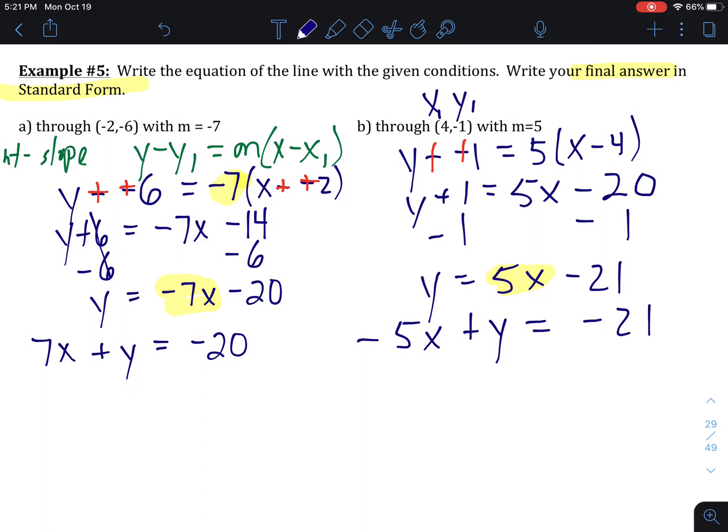Now, this is almost in standard form, but we do have a no-no here, and that would be a being a negative. Remember, that's not allowed. That's in the rules up above. So what do we do? We just change the signs of everything. As I said earlier in the lesson, it's like dividing everything by -1. And there it is. There's standard form.